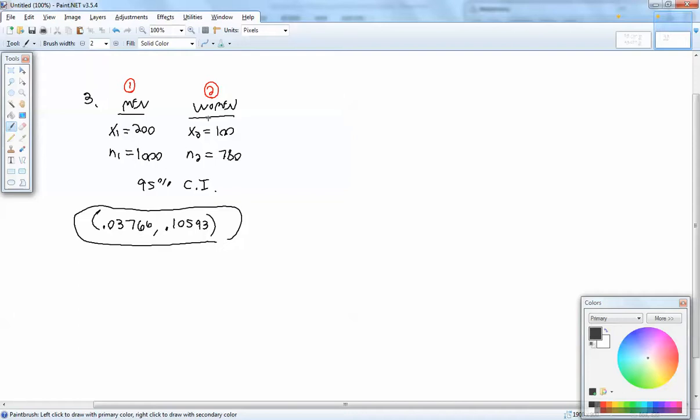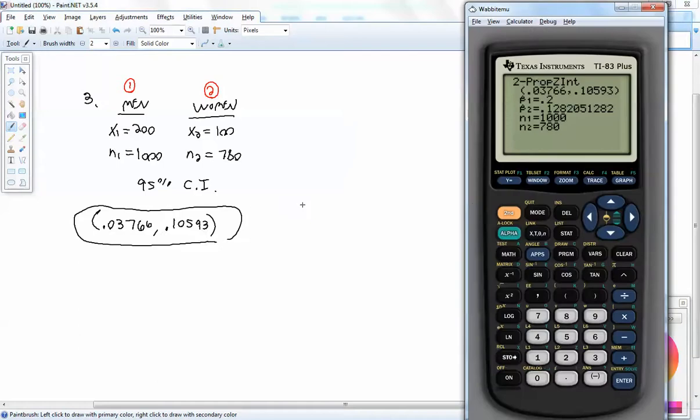Now if I said the difference between women and men, then I would flip these around. And while it seems like a small difference, it actually does change numbers. Let me demonstrate that. If I come here to STAT and go to TESTS, and we want 2-PropZInt, let me instead put the women values here first.